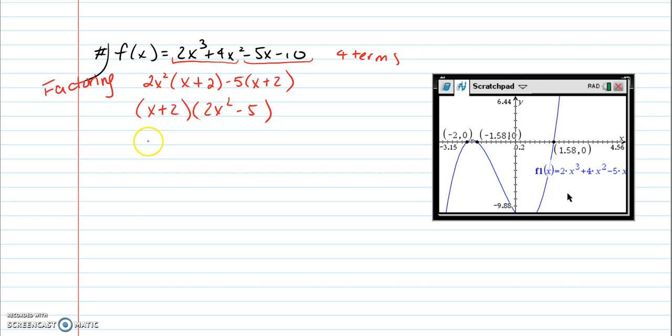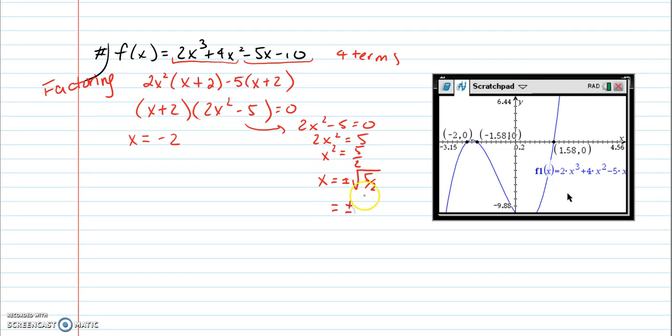And now I have my zeros being x equals negative 2. If I set this equal to 0, 2x squared minus 5 equals 0, 2x squared equals 5, x squared equals 5 over 2, and then x would be equal to plus or minus the square root of 5 over 2, which I have to simplify because I can't have the radical with a fraction.